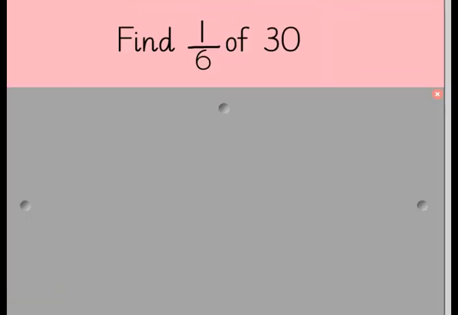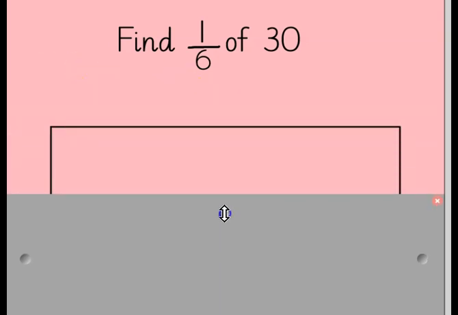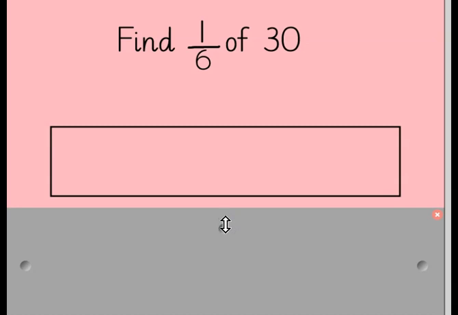Let's move on. I want us to find 1/6 of 30. 1/6 is a unit fraction because the numerator is 1. So we're going to start by using the same bar method that we use in class.